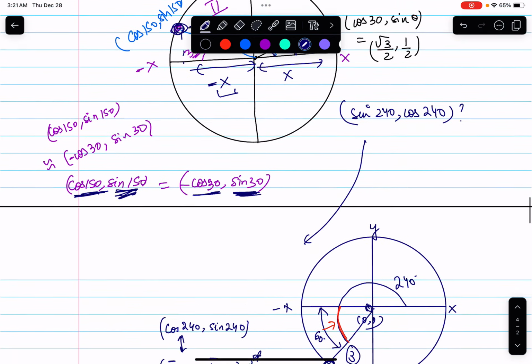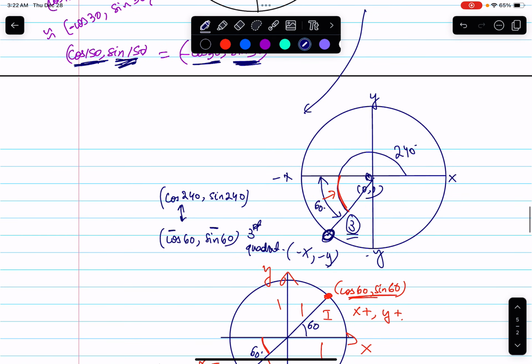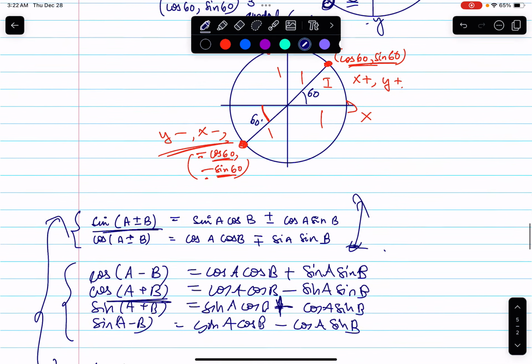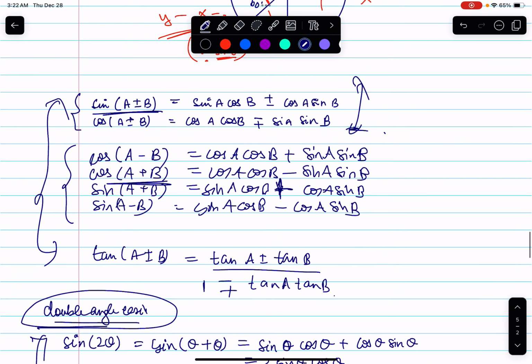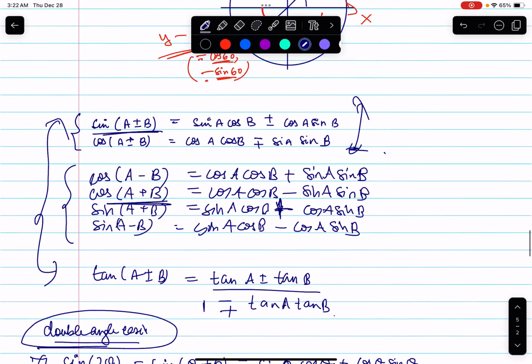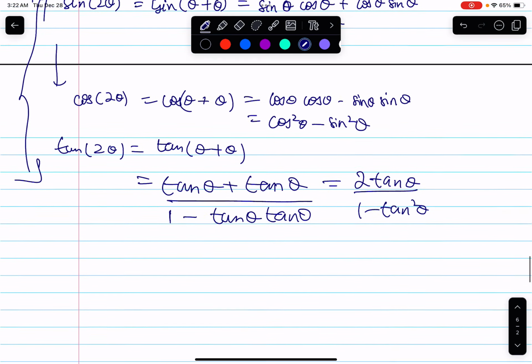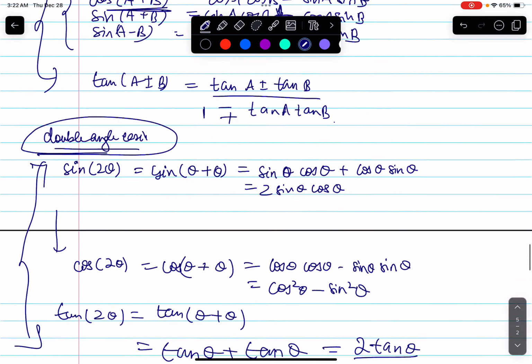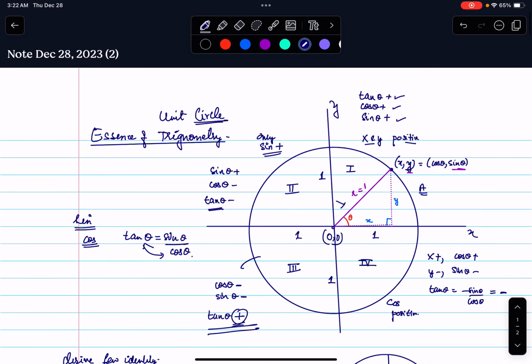We explained, and then we did one or two examples over here, looking at reflex angles, so that's important. And along with that, we ended up looking at some double angle formulas, compound angle formulas, and we derived the double angle formulas from the compound angle formulas. Okay, so that's the comprehensive thing.